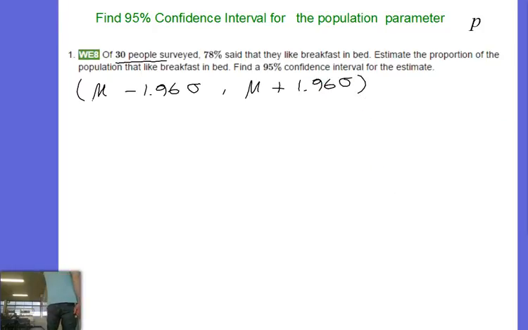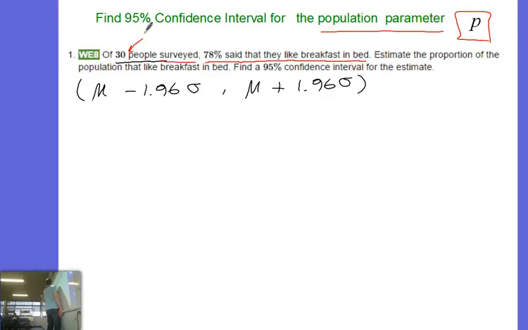When we're talking about the population proportion P, we don't know what P is in the population. What is known is the 78% who said they like breakfast in bed from a survey. That's your sample.